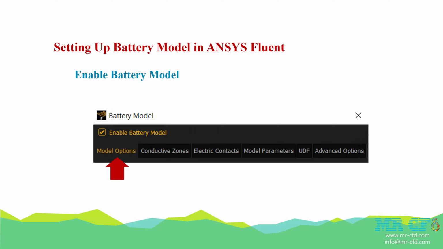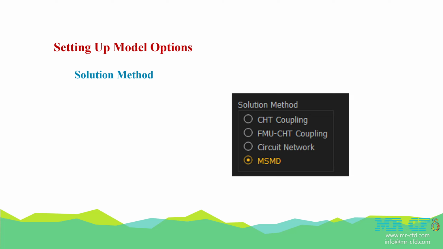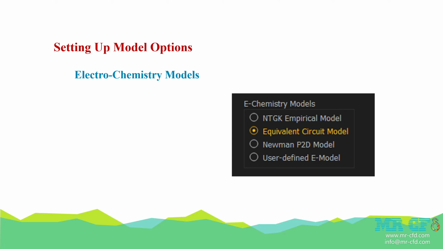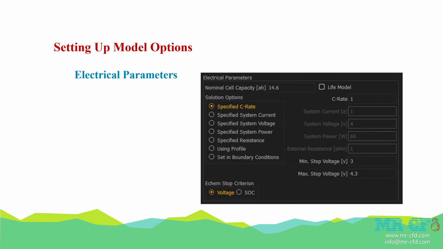The Model Options tab contains the general model settings, including battery solution methods, electrochemical submodels, etc. In the Solution Method section, there are different approaches for battery modeling. In the Electrochemistry Models section, there are different submodels for electrochemical computations in the batteries. In the Electrical Parameters section, we specify the operating conditions of the battery.